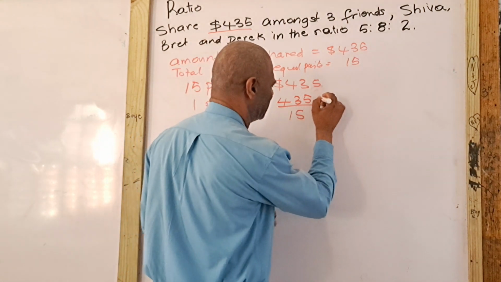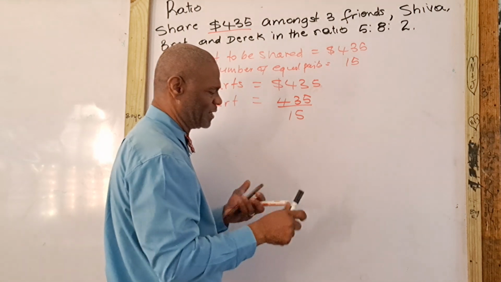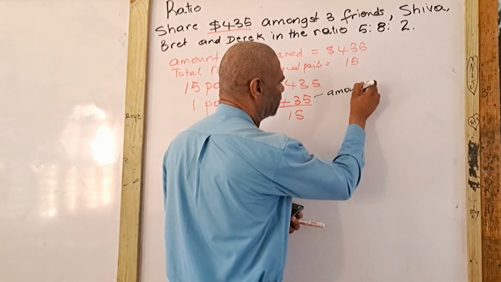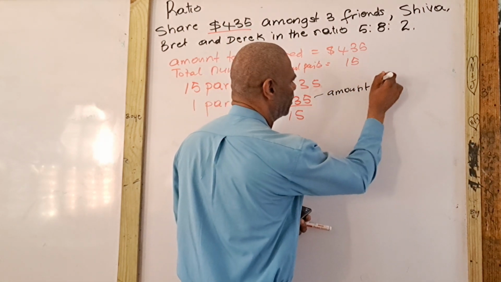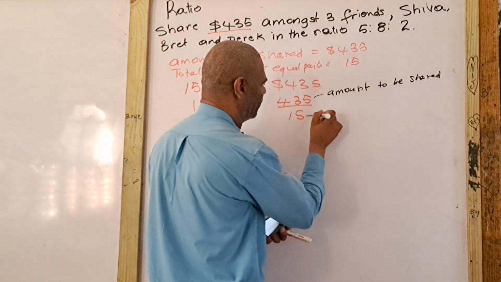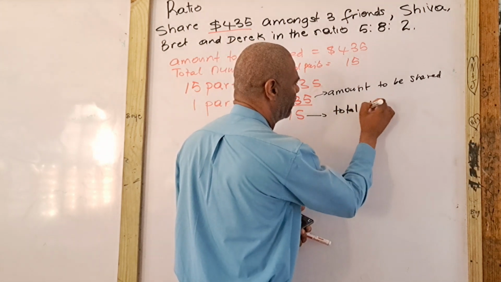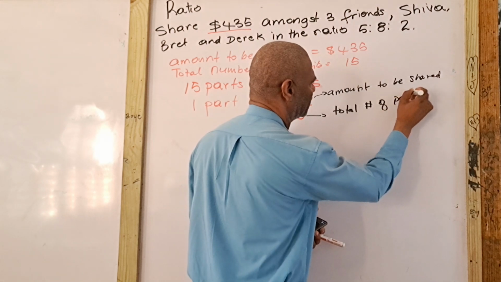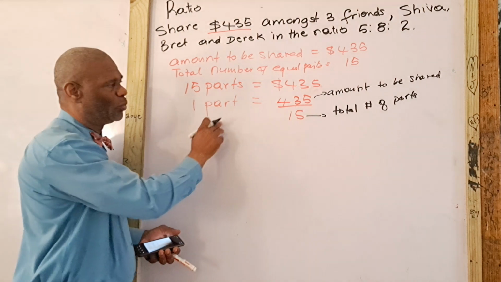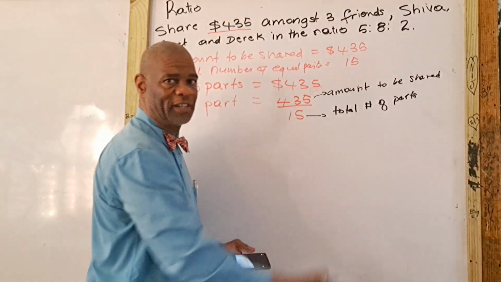The 435 represents the amount to be shared, and this represents the total number of parts. So, to find out one part is, we divide the amount of money to be shared by the total number of parts.